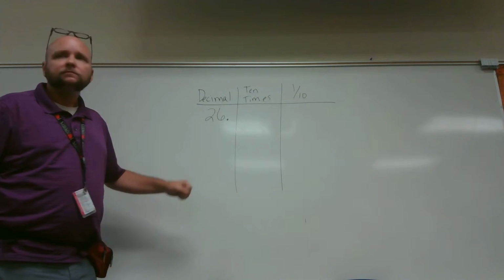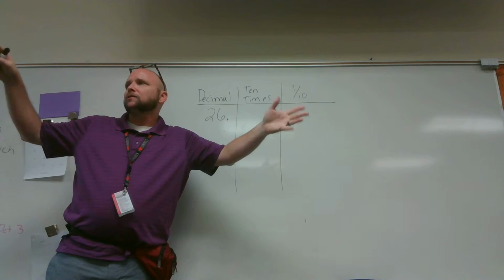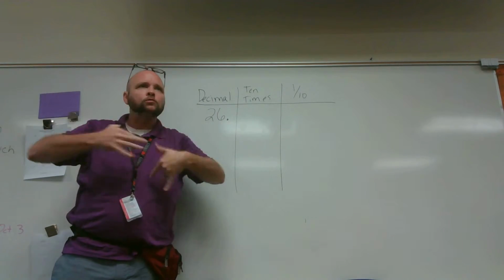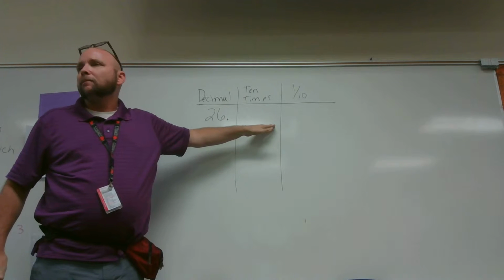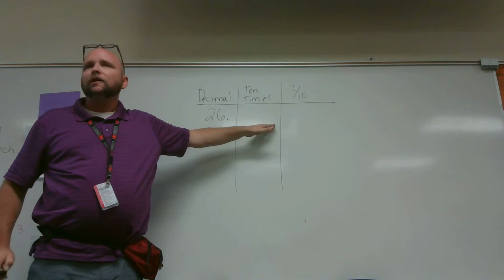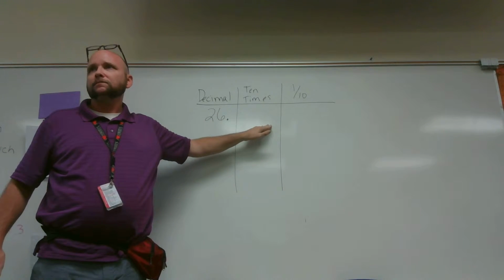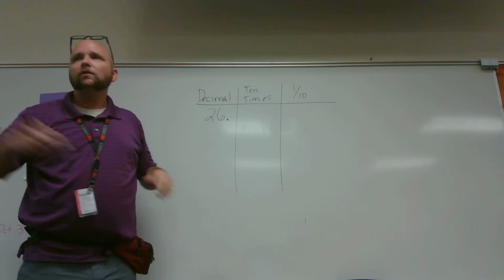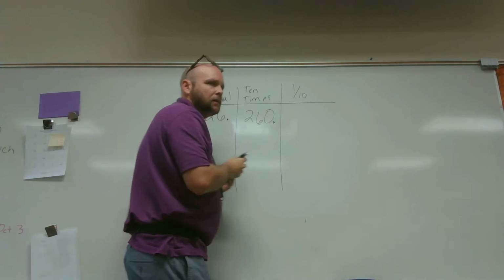Now, please watch as I do a little magic. To find 10 times a number, you multiply it by 10. So it's 26 times 10, which is 260.